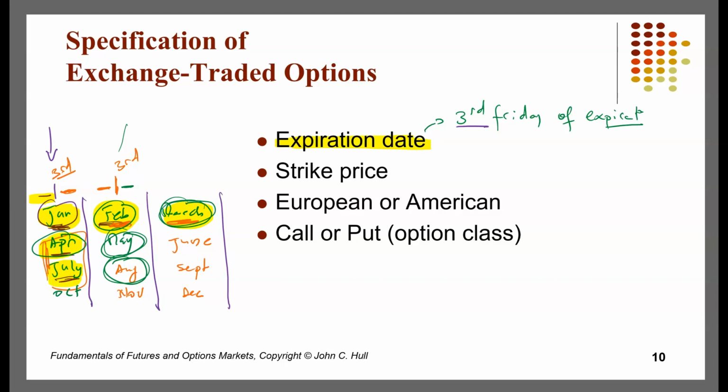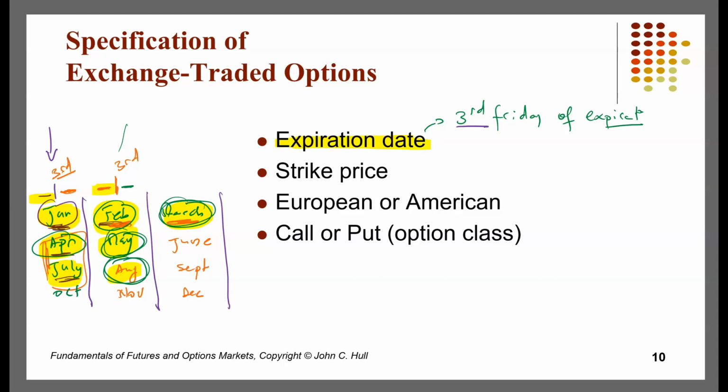Now, if we are in February and before the expiration date in February, we're going to need February, that month, March, the next month, and then the two months in the February cycle, which are May and August, and so on and so forth.